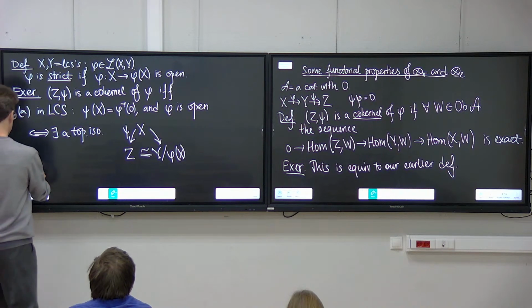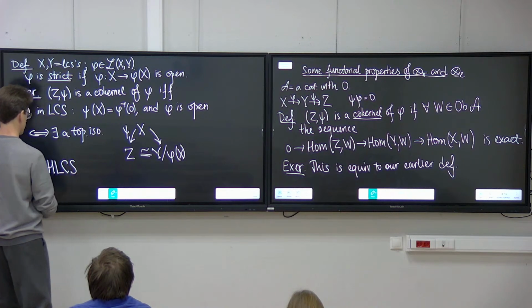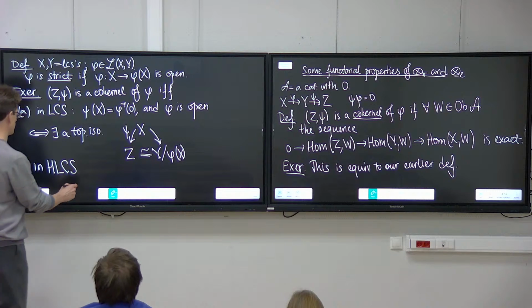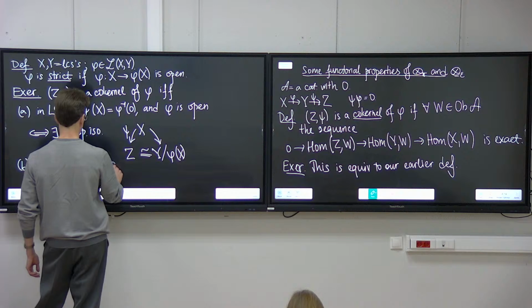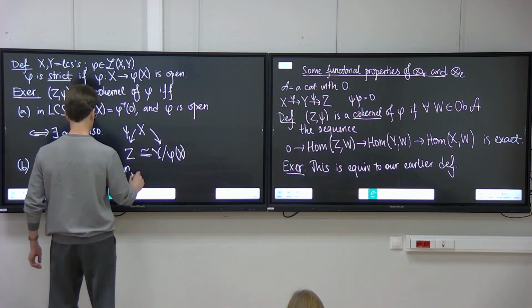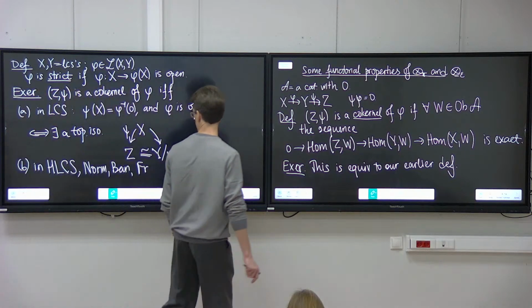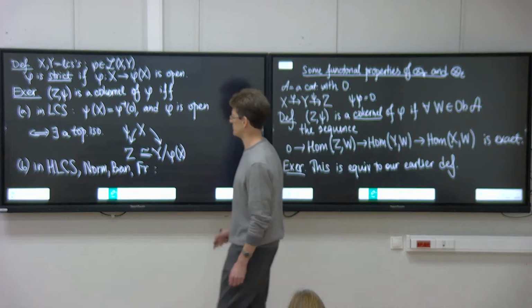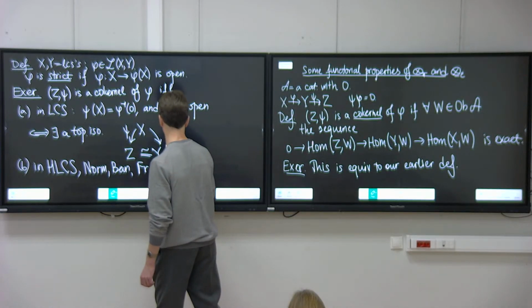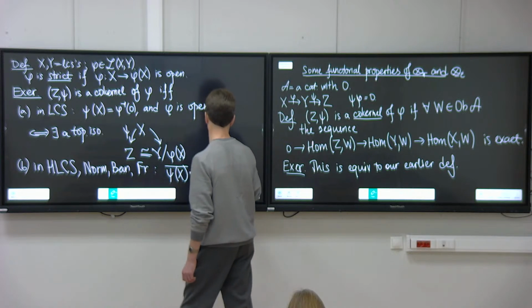So this arrow is just the quotient map. If we now look at another category of Hausdorff locally convex spaces, then the answer will be slightly different. Or we can also take the category of norm spaces, or Banach spaces, or Fréchet spaces. The answer will be the same. This psi is a co-kernel of phi if and only if the range of psi is dense in the set theoretic kernel of phi, and phi is open.